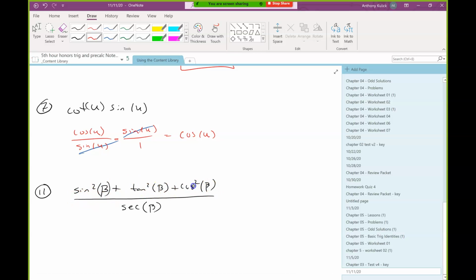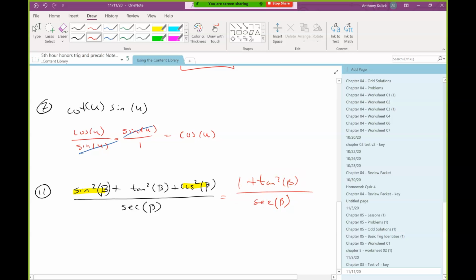So I notice an identity thing right away that I would want to use. If I look at the numerator, notice I have a sine squared plus cosine squared. So that just becomes 1. Okay.